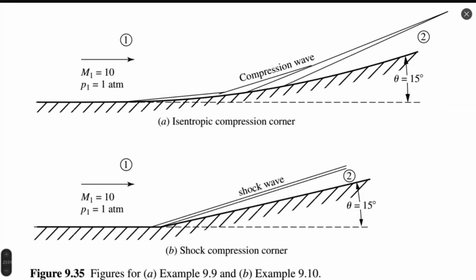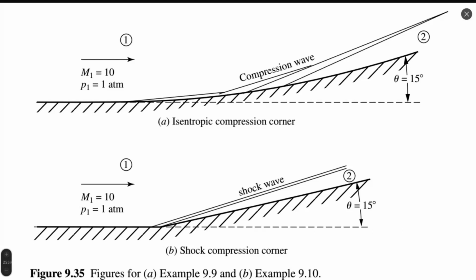Anderson proposes to compare two different types of flow: compression wave and shock wave. Compression wave, which goes according to Prandtl-Meyer flow, is a so-called isentropic compression corner, with the final angle of 15 degrees. And the shock compression corner is shown on figure B, also having a final angle of 15 degrees.